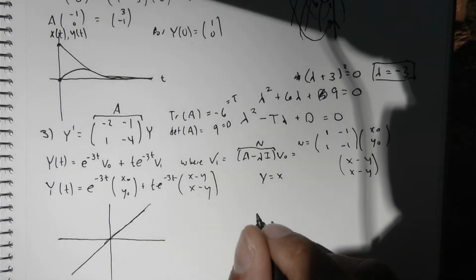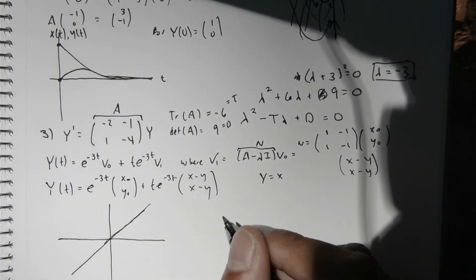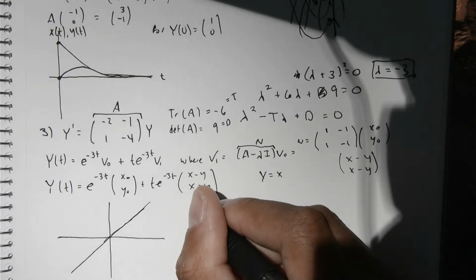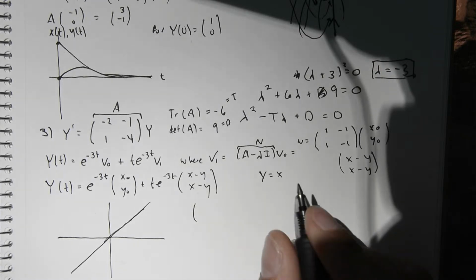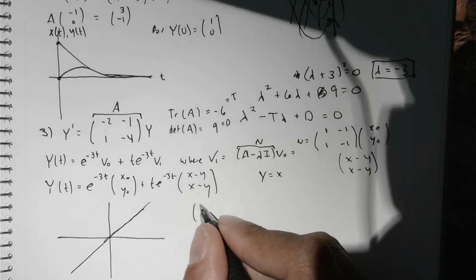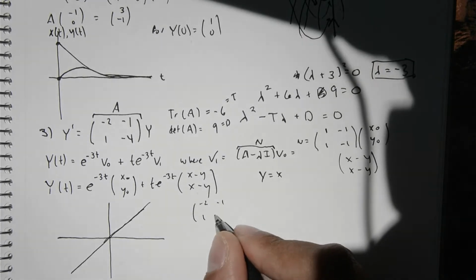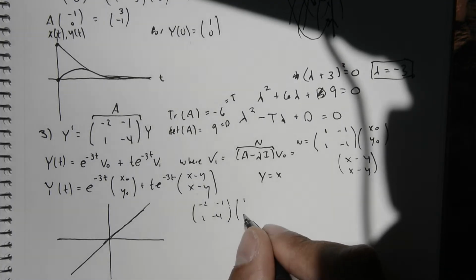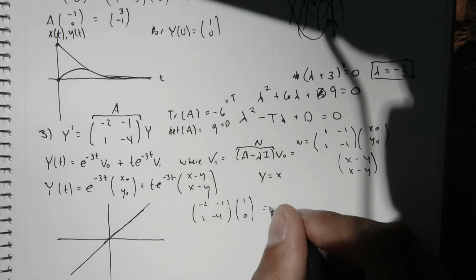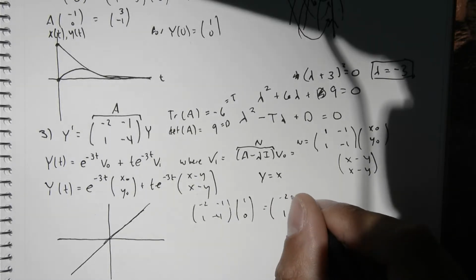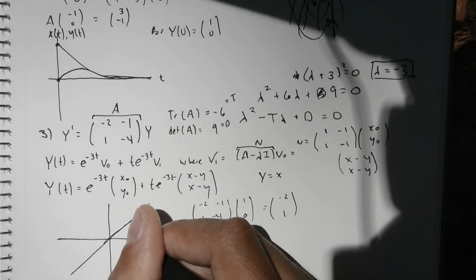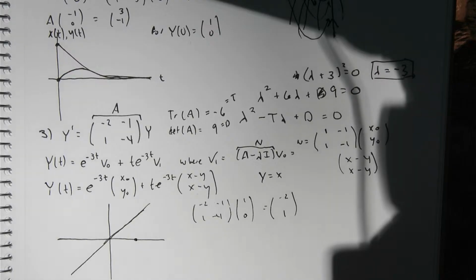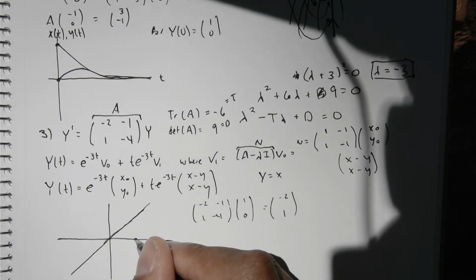Now what we want to know is for minus 2, minus 1, 1, 4, minus 4 times 1, 0. This is like my test point. We're going to get minus 2, 1. So this point out here is going to be decreasing in x and going up.